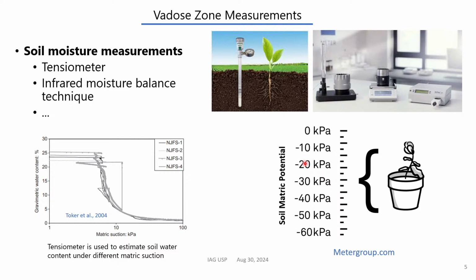As we know, the soil matric potential is associated with how much water you have. As the water content decreases, you have a higher capillary pressure, and therefore the absolute value of the measured matric potential will increase.